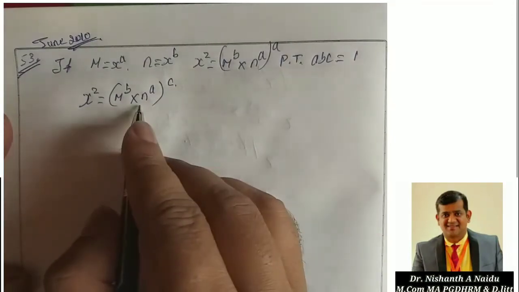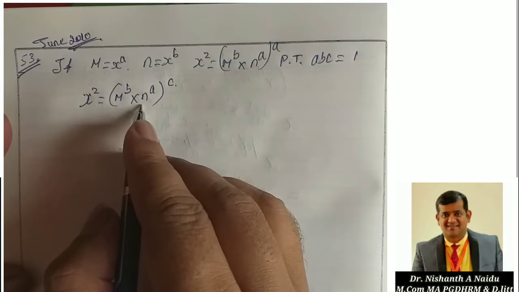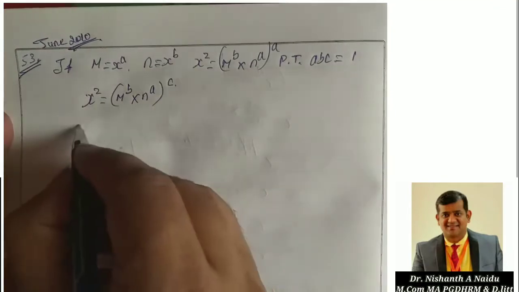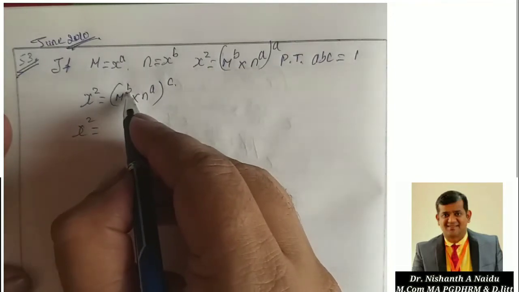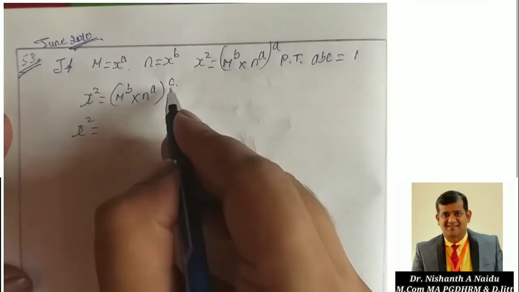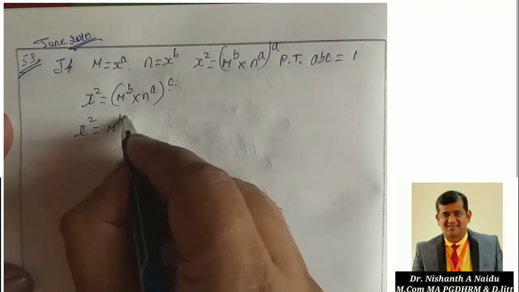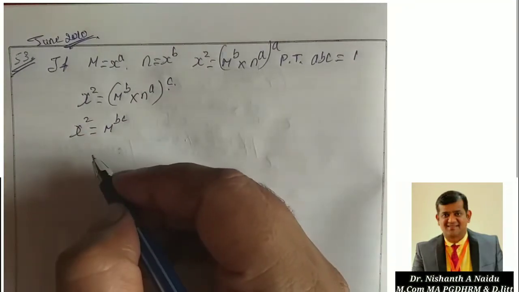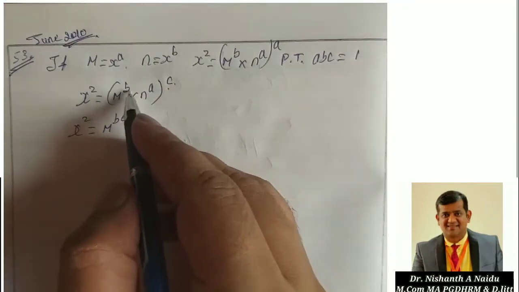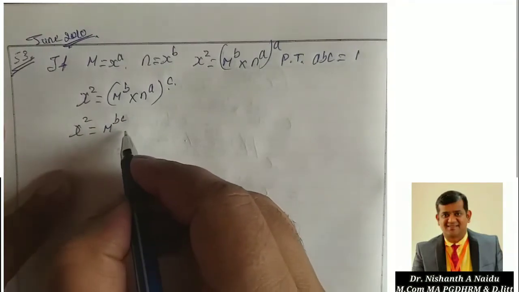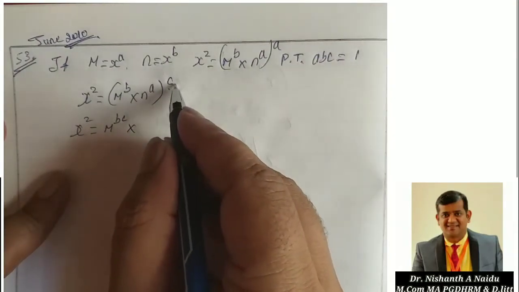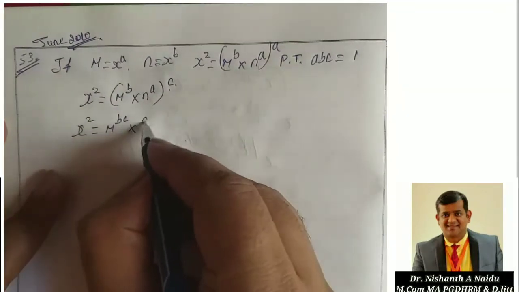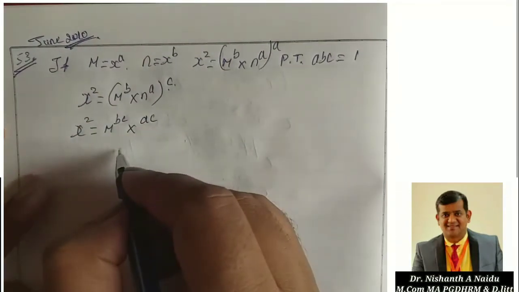So we can say x to the power of 2 equals m to the power of bc into n to the power of ac.